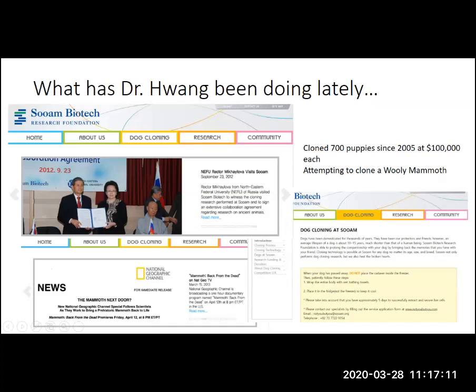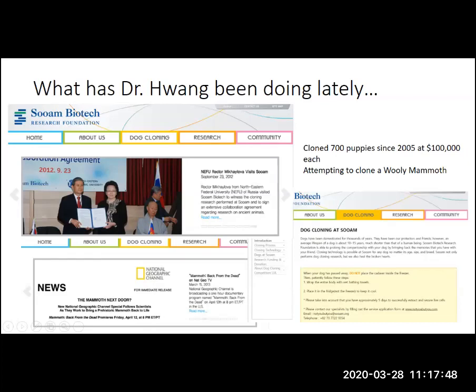He's started collaborations with groups, in this case in Russia, and other organizations, where they're going to attempt to do somatic cell nuclear transfer to clone a variety of other endangered species. Very early on, about 2013, there was a National Geographic special about his efforts to clone a woolly mammoth. And the major source of funding for his firm is the fact that he will do dog cloning.